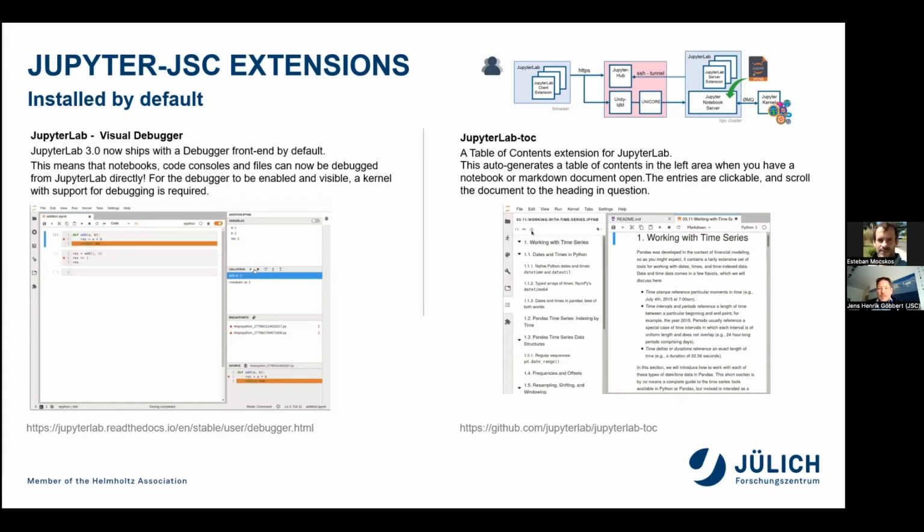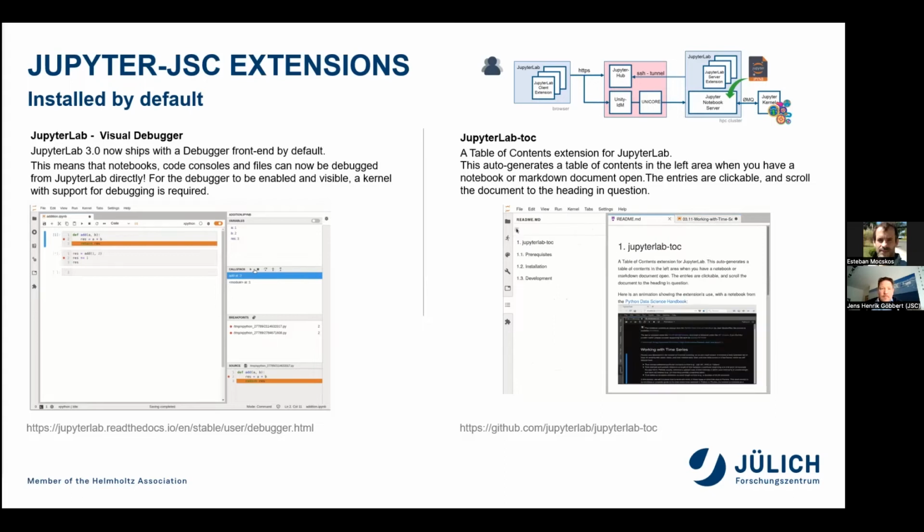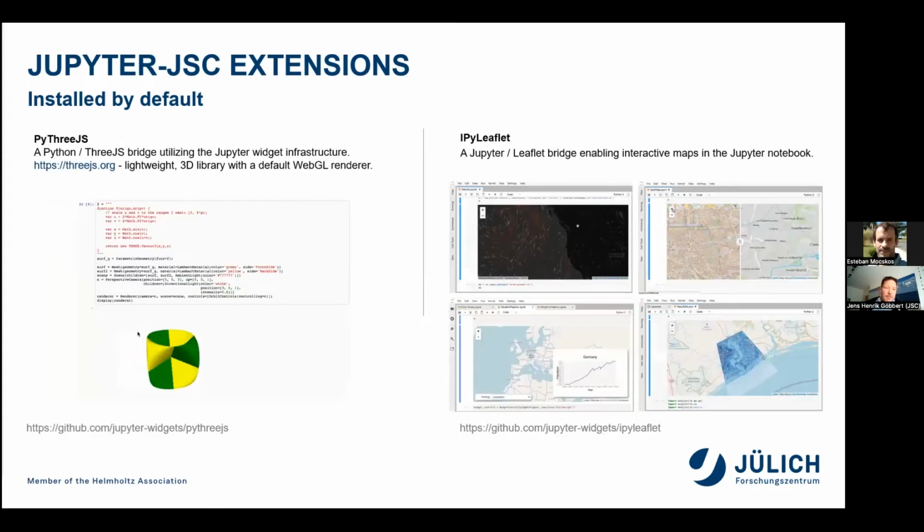On the right, the table of contents, that's probably more nice to have. Then Py3.js gives you access to the big world of three.js and all its features, again allowing you to do fancy rendering in the Jupyter Notebook.